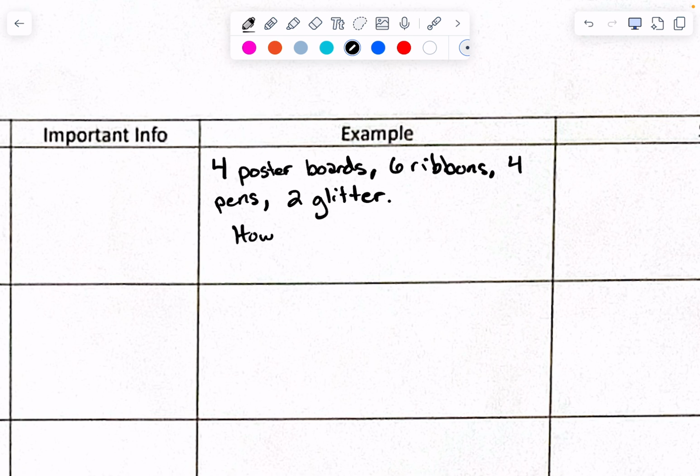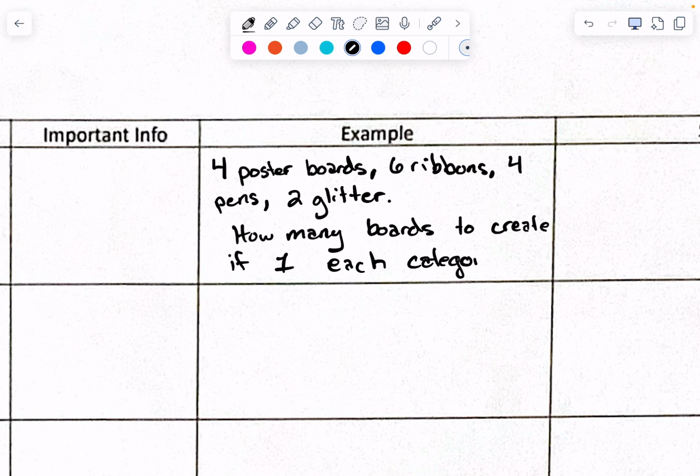How many boards can I create if I choose 1 from each category? You have 4 poster boards, 6 ribbons, 4 different kinds of pens, and 2 things of glitter. How many different boards can I create if I have to choose 1 from each category?